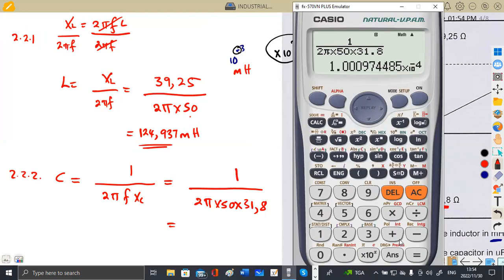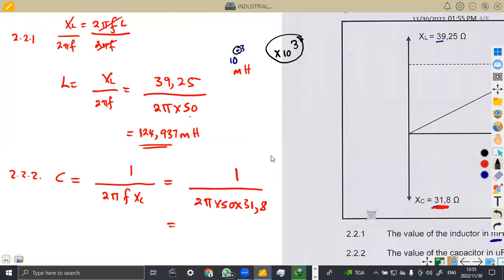Okay, so we've got 1 comma whatever that we have times 10 to the power of minus 4. But remember, let's get back here and explain again. Your answer is supposed to be in microfarads, whereby micro means times 10 to the power of minus 6. Just like what we did with milli, times 10 to the power minus 3, we multiply by the opposite.